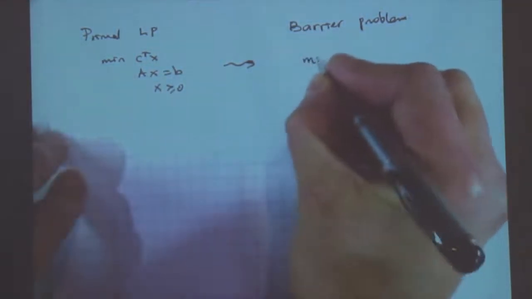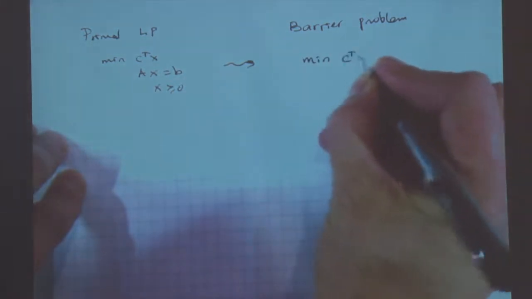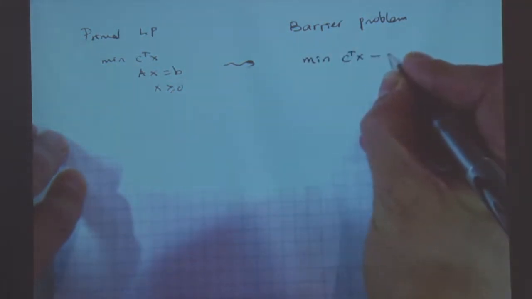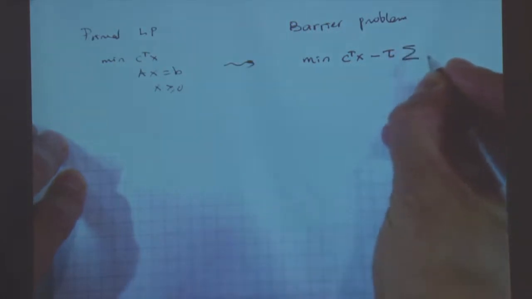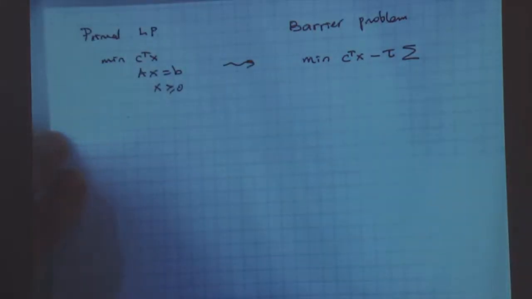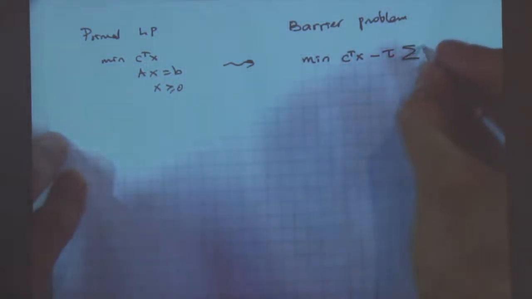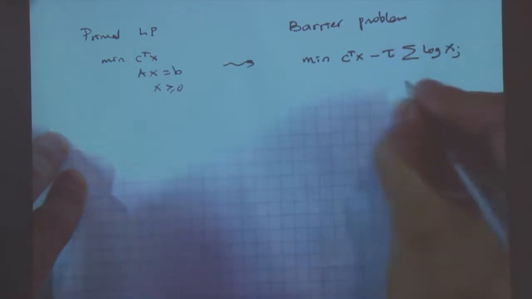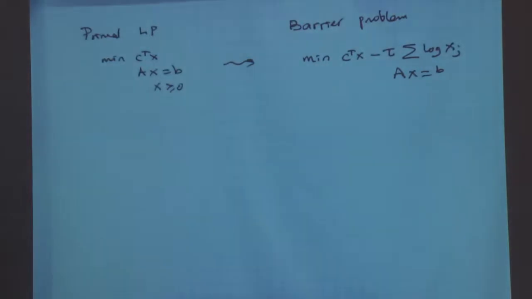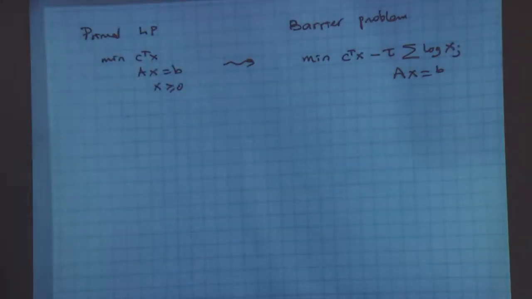That is, take min c^T x and then subtract a barrier function for the inequality constraints, right? So this is τ Σ log xj, Ax = b. Now there's a little difference here. You can think about my τ here as 1 over t in Ryan's discussion. But other than that, it's essentially the same thing.